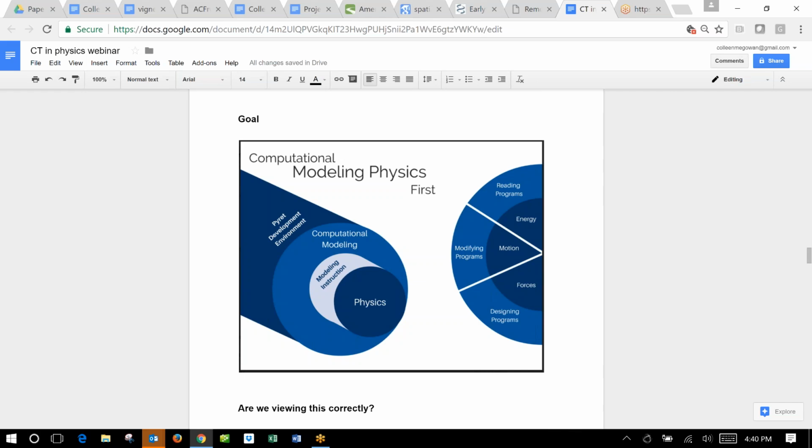And there's a cross-section of the diagram over on the left, so you can kind of see that in the core you have some physics concepts, and then in the outer ring you see the progression that we move through learning to code, which is first we have them read simple programs that someone else wrote to figure out how things are working in that program, and then we let them modify pre-written programs, and then and only then do they begin actually writing their own programs.